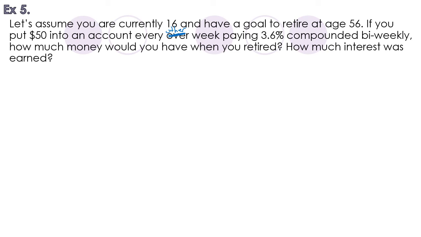Okay, so you're putting money into an account every other week. That's an annuity. We want to know how much you're going to have when you turn 56. So this is future value. You're putting $50 in. 1 plus my R value, 0.036.